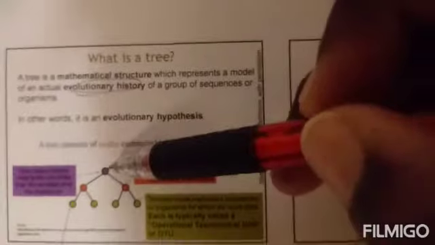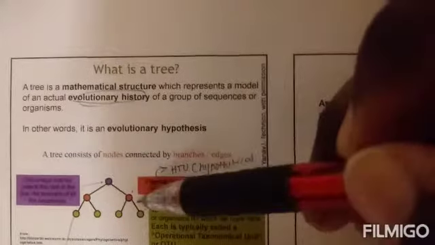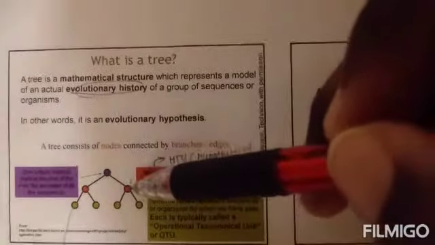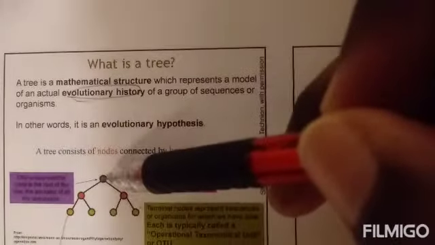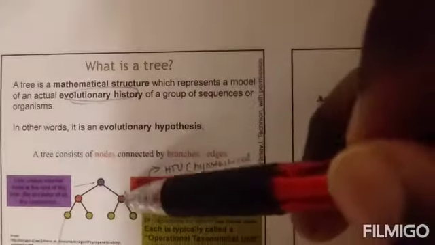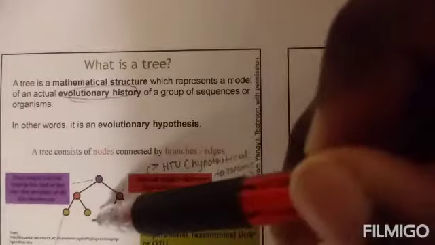So if this is a tree, you will have these branches. In this tree you could say this is your internal node. These are also called internal nodes, but these are hypothetical ancestors. This is the most common ancestor, this is the root, whereas these two are called hypothetical ancestors, and these are called the leaf nodes, or the tips.